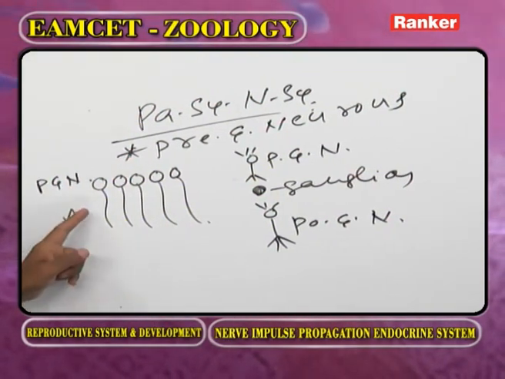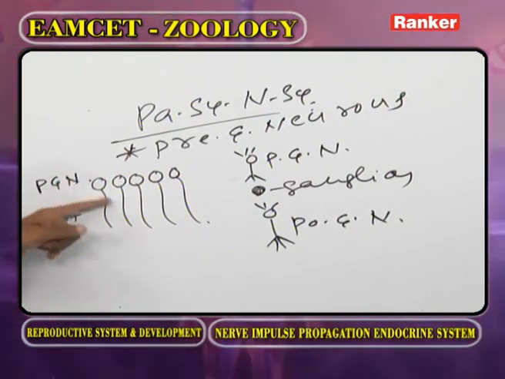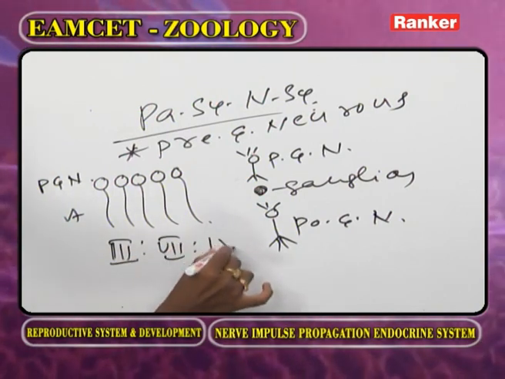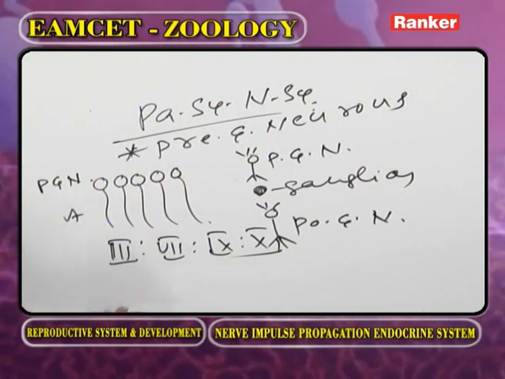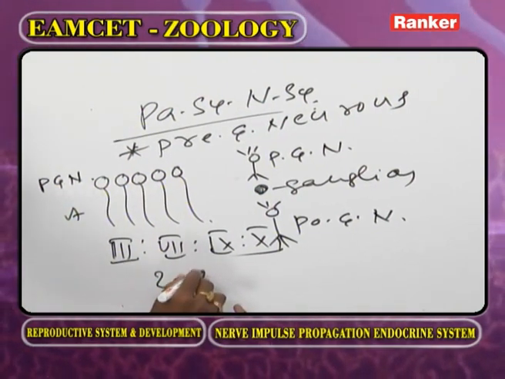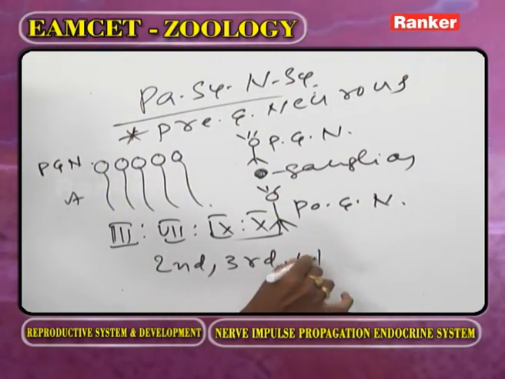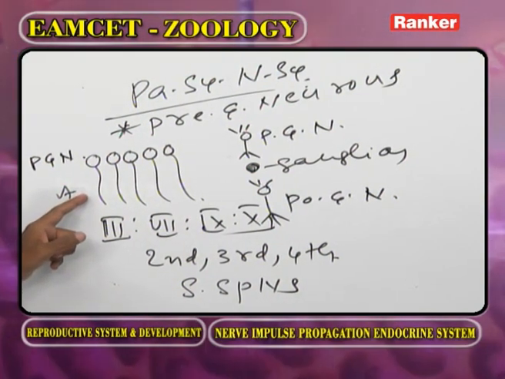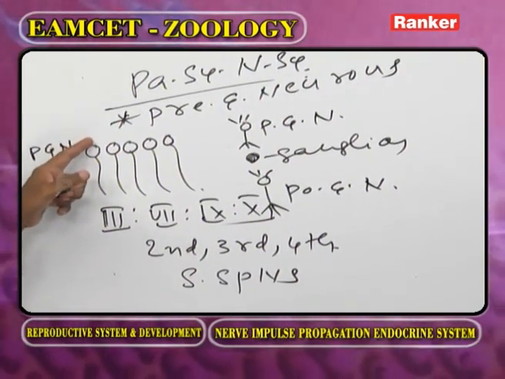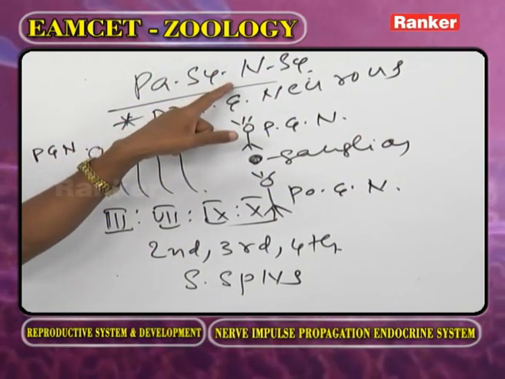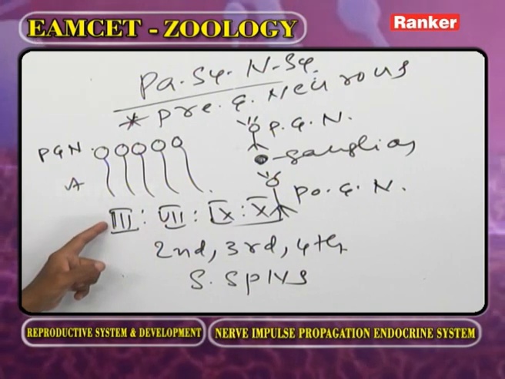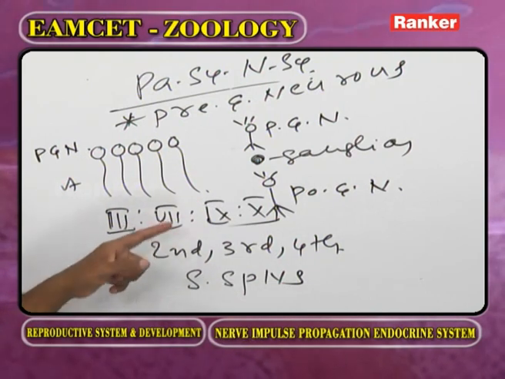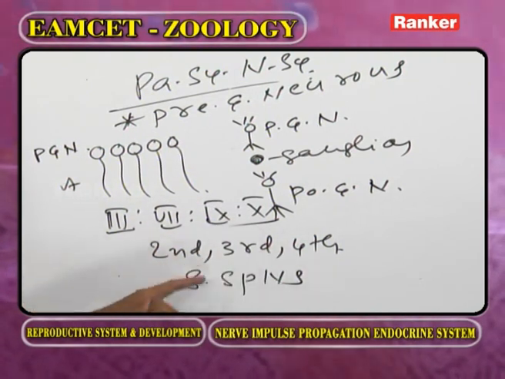The axons of preganglionic neurons of the parasympathetic nervous system are present in the 3rd, 7th, 9th, 10th cranial nerves and 2nd, 3rd, 4th sacral spinal nerves.